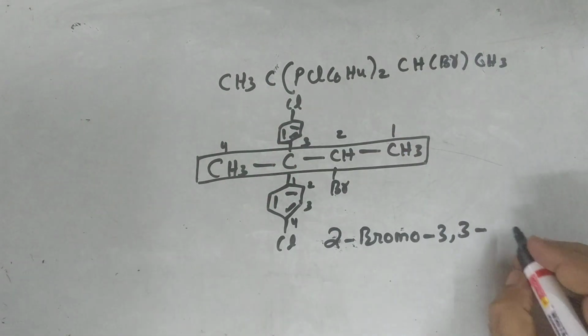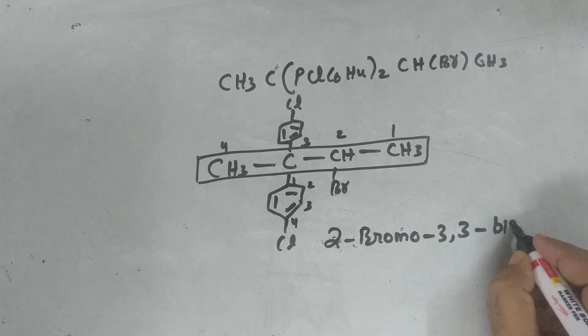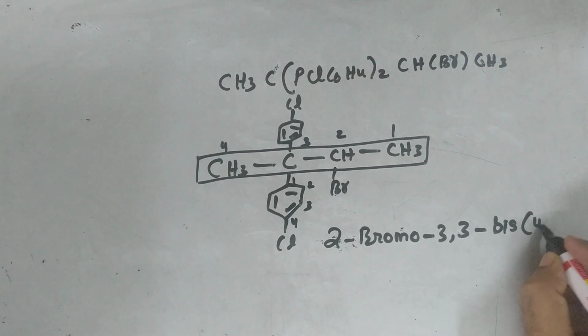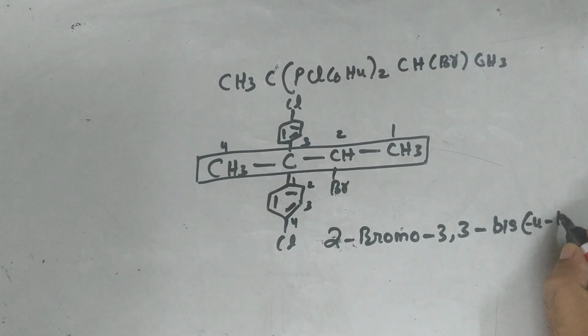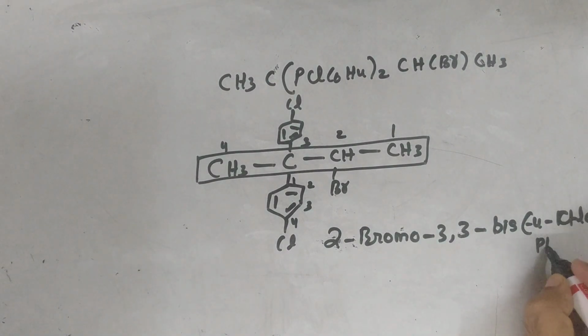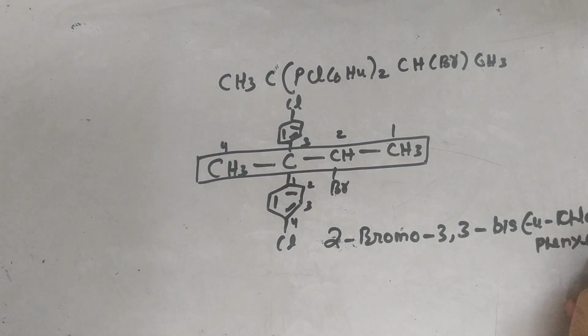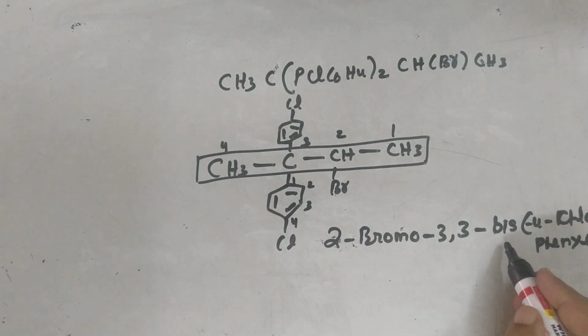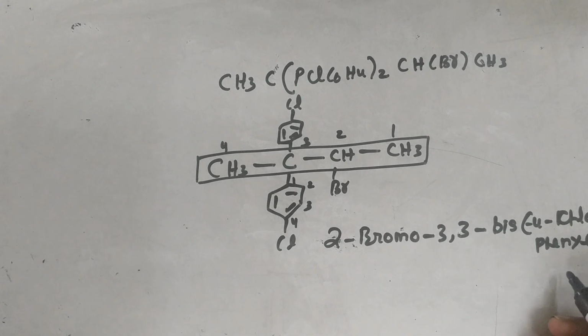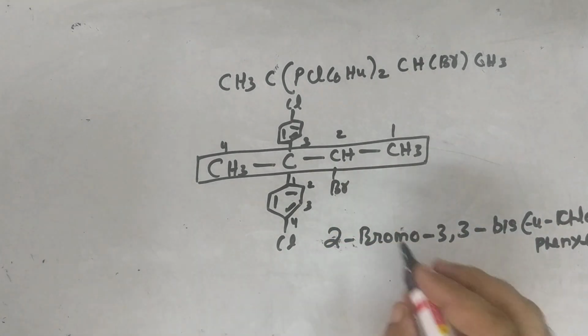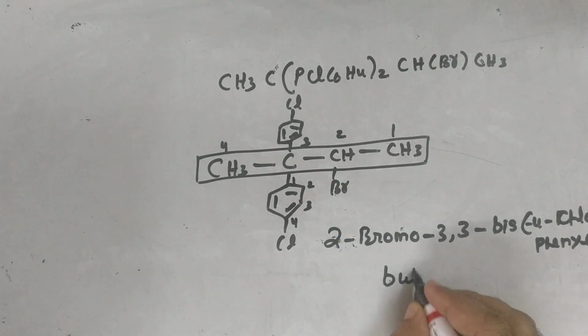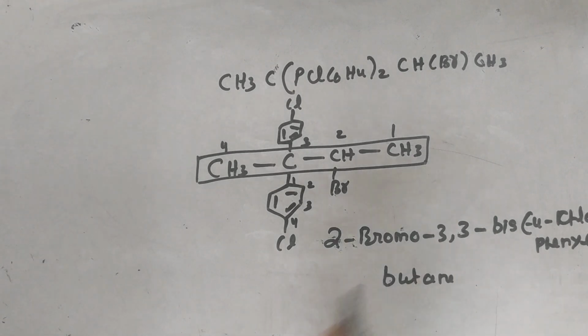The big groups, instead of di we can use the word bis, and the group is 4-chlorophenyl. 4-chlorophenyl groups present at 3 position. So 3, 3-bis. Bis means 2, di, 4-chlorophenyl, and this is nothing but 4 carbon. It's butane.